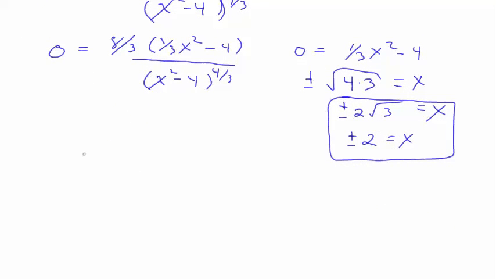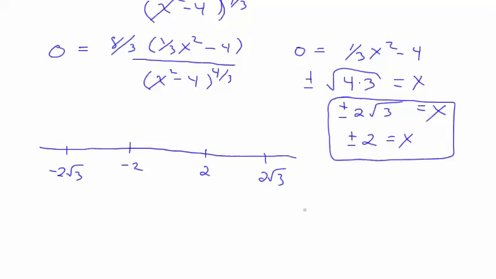And now what we want to do is a number line and plug our numbers onto the number line. We have -2, +2, and then -2 times the square root of 3 and +2 times the square root of 3.